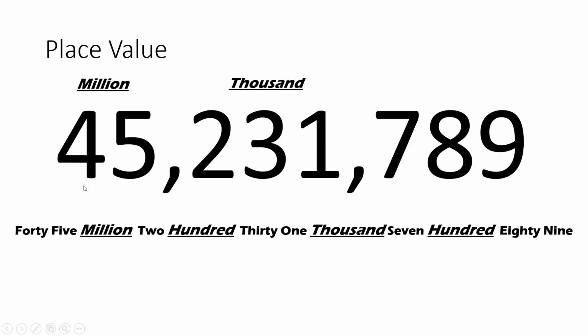Okay, so how do we read the number as a whole? We have 45,231,789, right? It's very simple if we know the place value. And how do we know the place value? From the place value chart, right? So it's very simple.